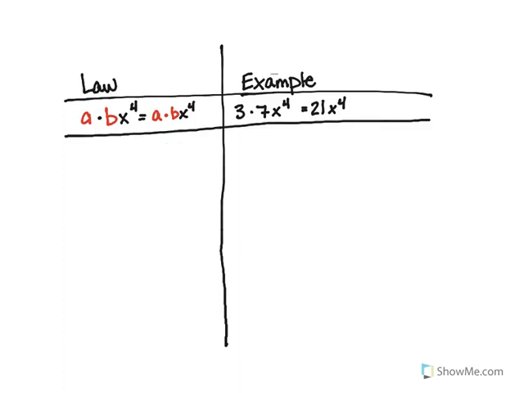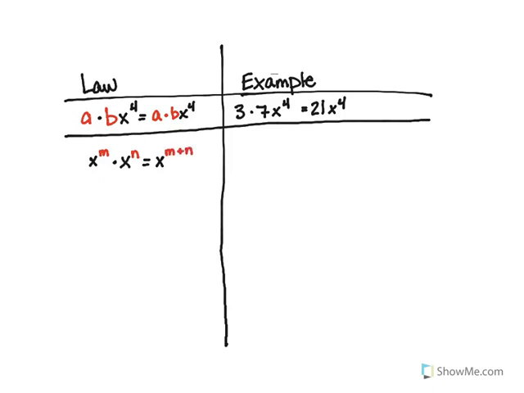Okay, my next one is if I have some x raised to a number, which we're just going to say is m, times x raised to another number, which is n. What happens when we do that is we're going to keep the same base, so that number on the bottom, but we're going to add these two exponents. So we're going to do m plus n.